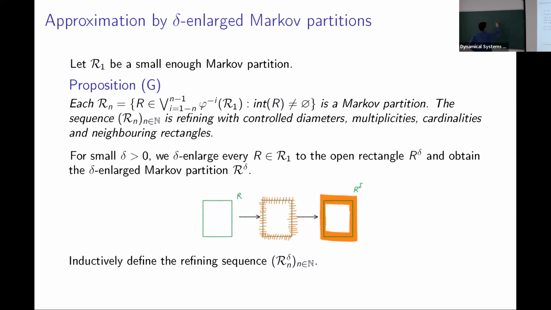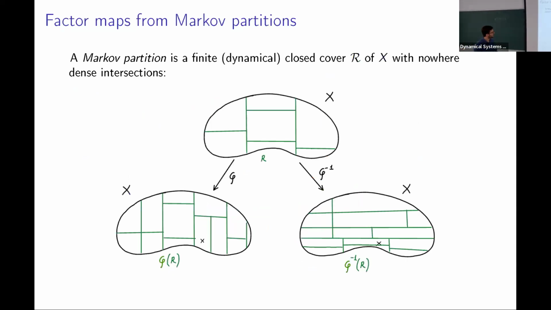Okay, so we want to be able to estimate the volume of any ball, take it closed or open, whatever. What we can estimate from Bowen's theorem is the volume of this kind of sets, of rectangles.